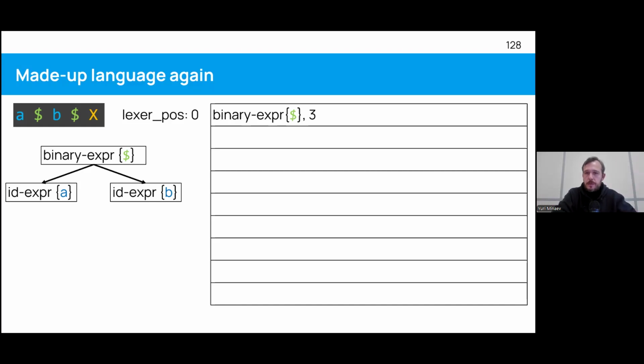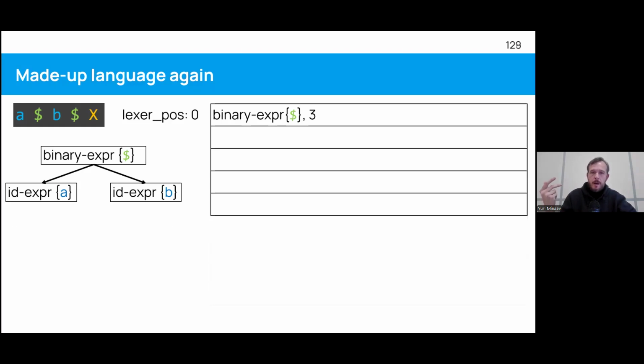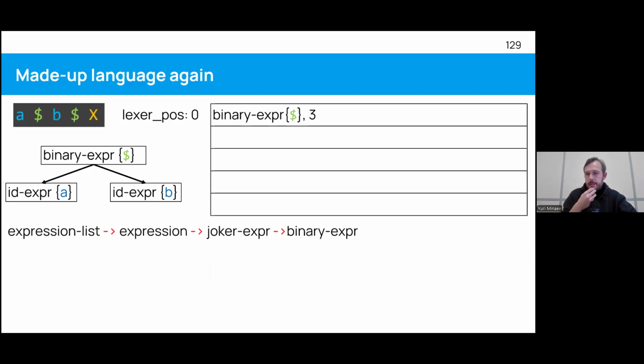And different route, since expression is either binary or a joker, we go to joker, and joker eventually calls binary. And here is the good part of it. Since we have that state, and since we have already parsed the first part of the entire expression as binary, and we know it's binary, we know it's valid, we do not actually go and parse it again.